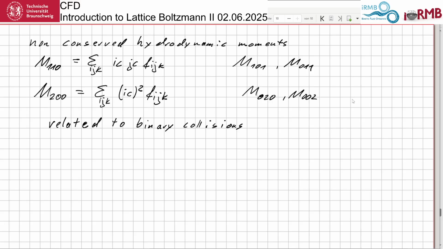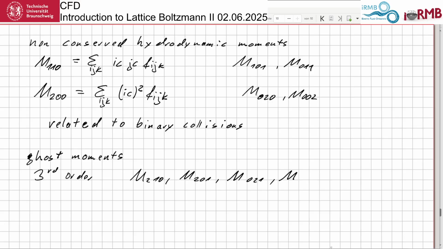Then for the lattice Boltzmann method, the ghost moments: we have third order. These are M210, M201, M021, M120, M102, and M012.